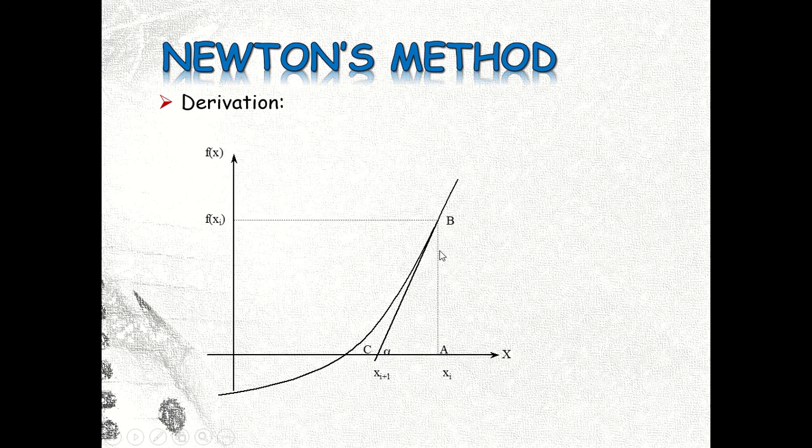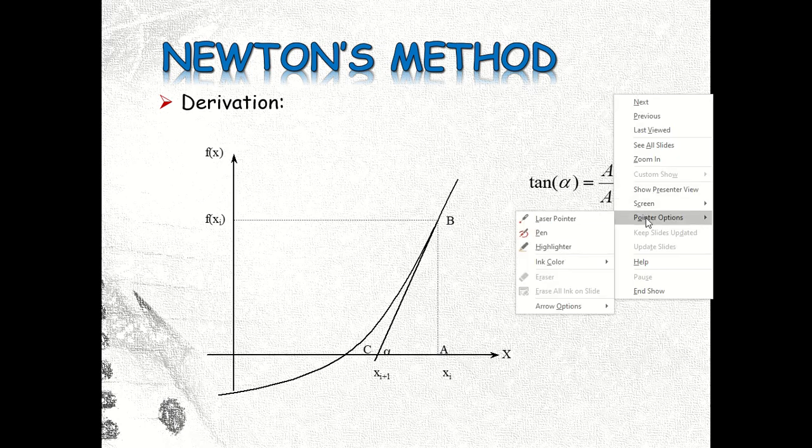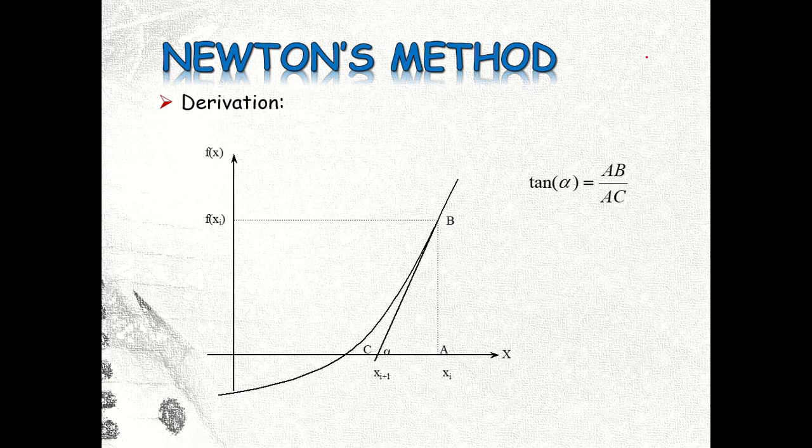Then we will use this right triangle to find the slope, where the slope is the first derivative of our function. From our trigonometry, we have SOH-CAH-TOA. Remember SOH-CAH-TOA in your trigonometry. In a right triangle, this is a very important concept.